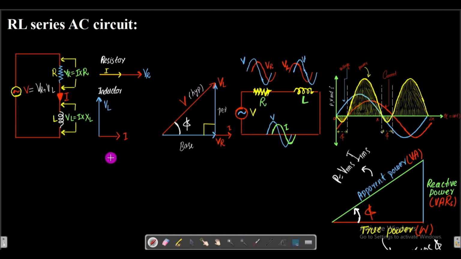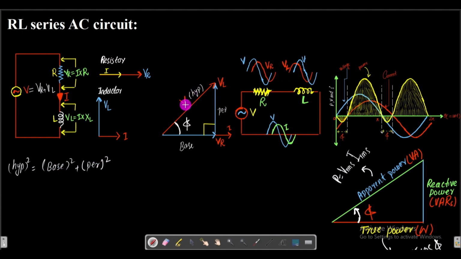According to the Pythagoras theorem, the hypotenuse squared is equal to base squared plus perpendicular squared. So we will put the values here.